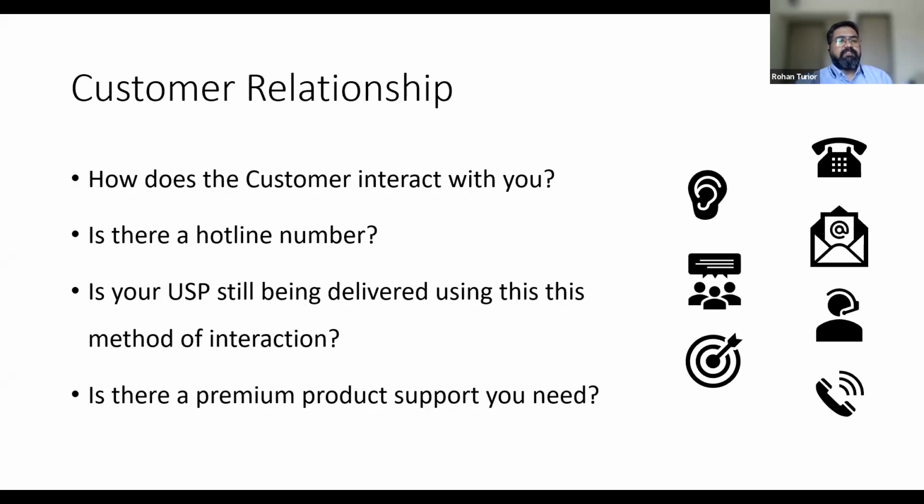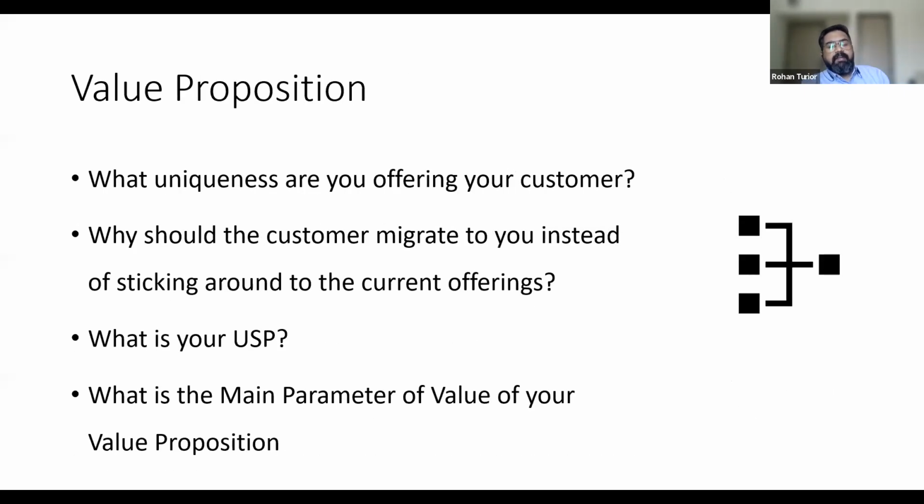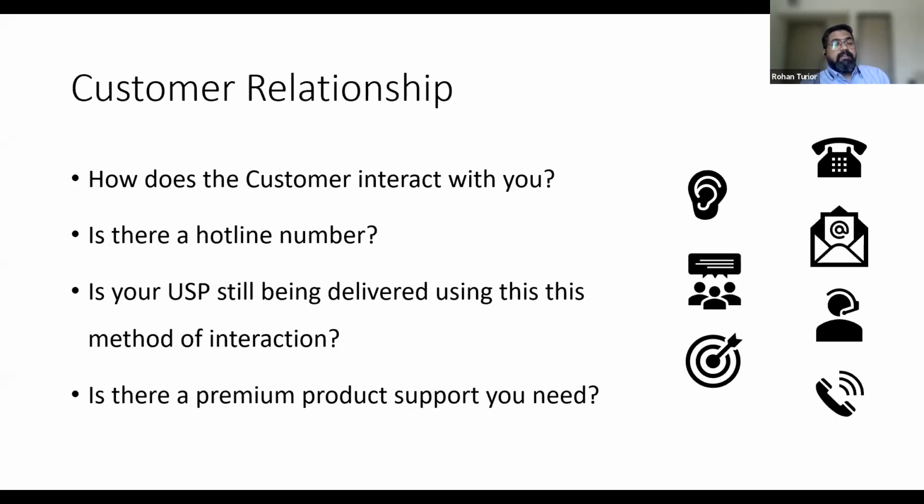Now let's talk about customer relations. That's where we talk about how the customer interacts with you. More importantly, and what is very important over here is, in the first segment we identified the value proposition or the USP or the main parameter of value. Now, during customer relations, we need to interact with the customer to identify whether the USP I had pointed out is really being delivered.